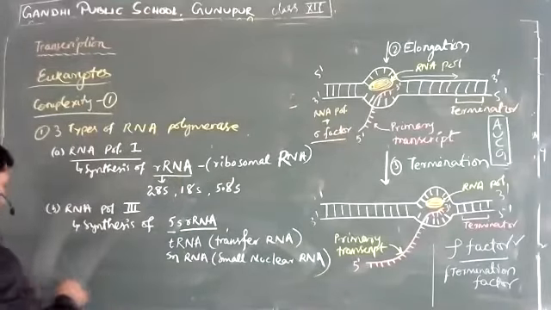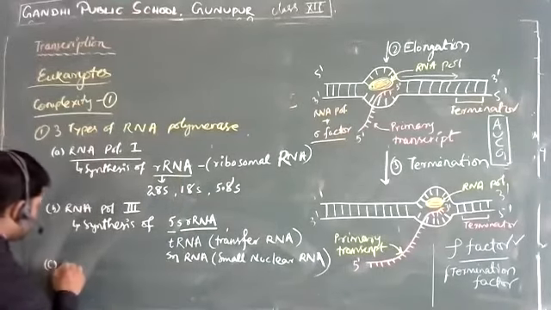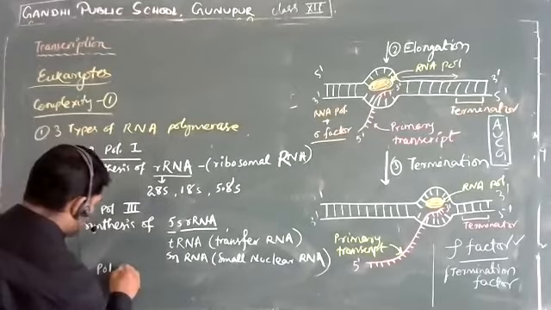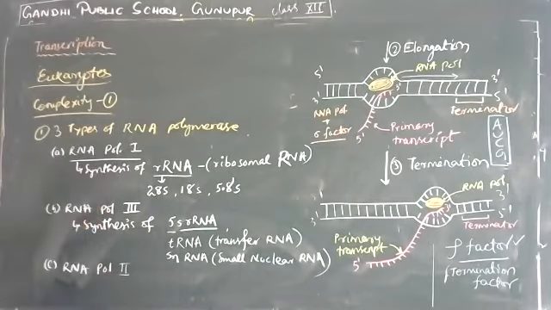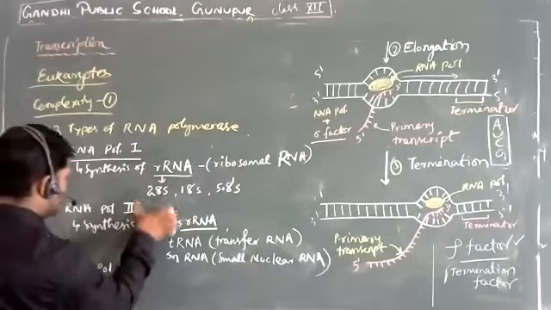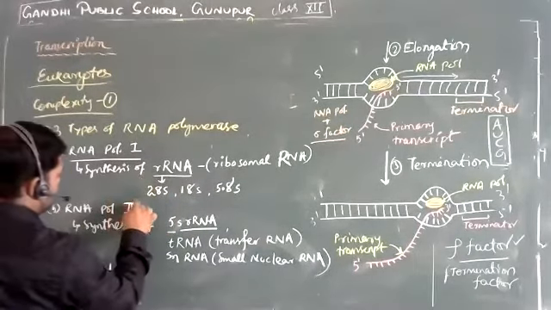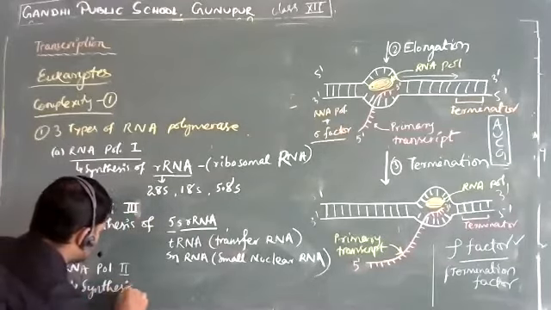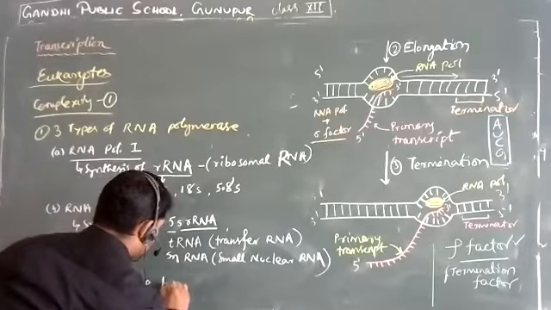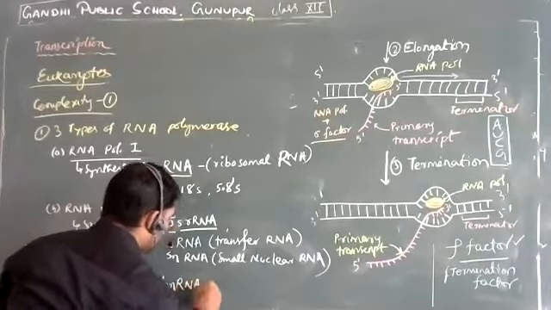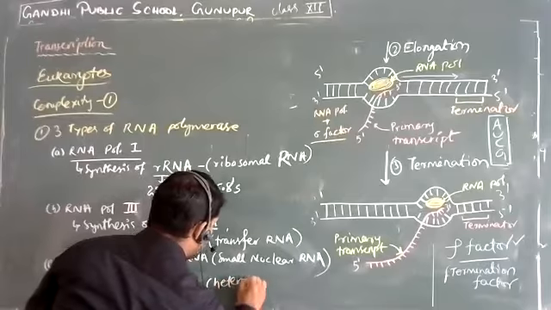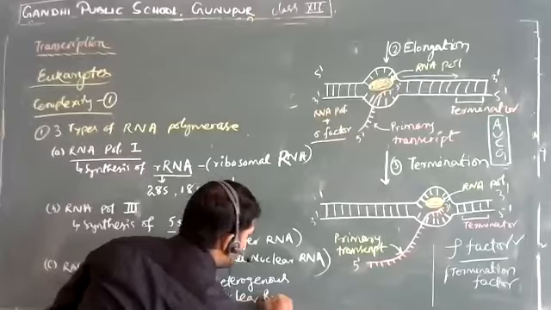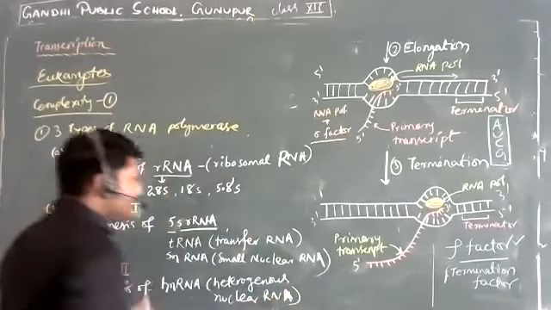Now we are left with the third type, which is very important in our discussion: RNA polymerase 2. Here it is going to be involved in the synthesis of hnRNA, which stands for heterogeneous nuclear RNA, and this is a precursor.